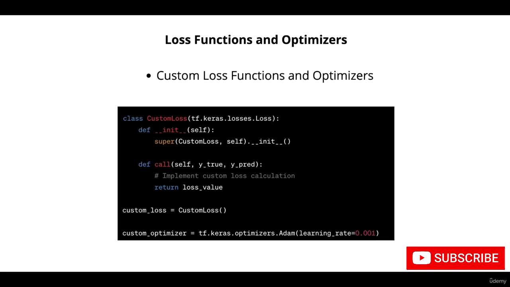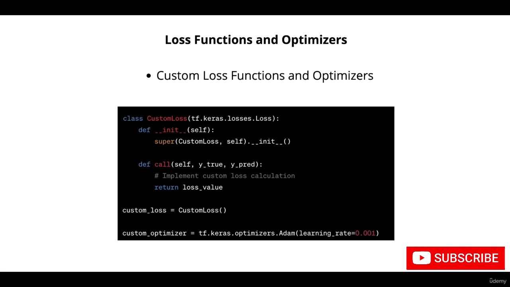You define initialize a self by saying super custom loss self. These are the constructors, and then a call function where you pass the self, y true, y pred, and return the loss value. Custom loss equal to custom loss function. Custom optimizer equal to tf.keras.optimizers.Adam, learning rate of 0.001.